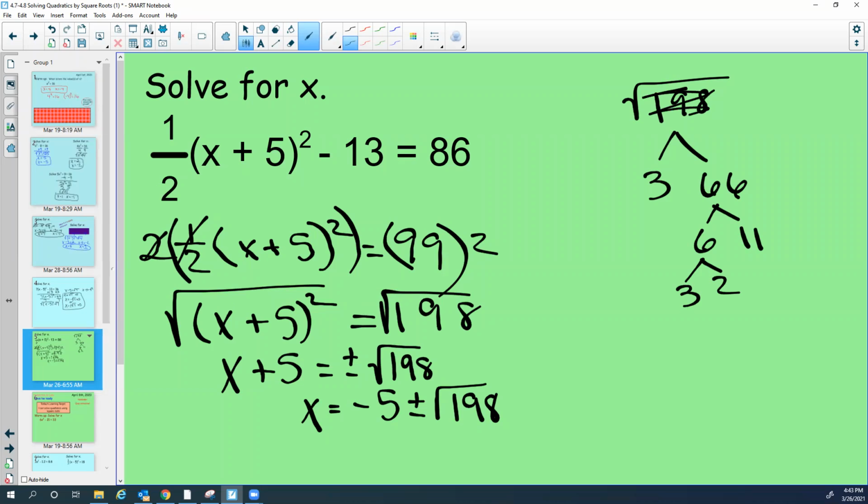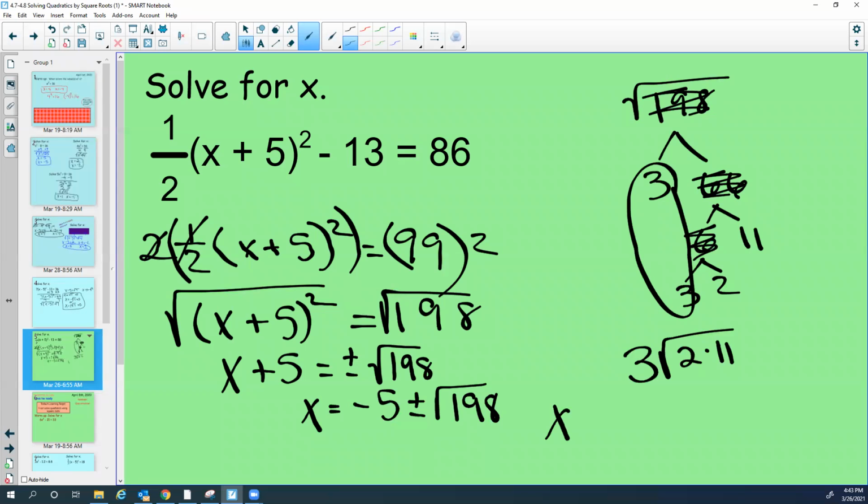So I don't need to worry about this number, or that number anymore. I have a pair of 3s that go on the outside. My loner, 2 times 11, stays on the inside. So my final answer with the simplified radical is going to be x equals negative 5 plus or minus 3 square root of 22.